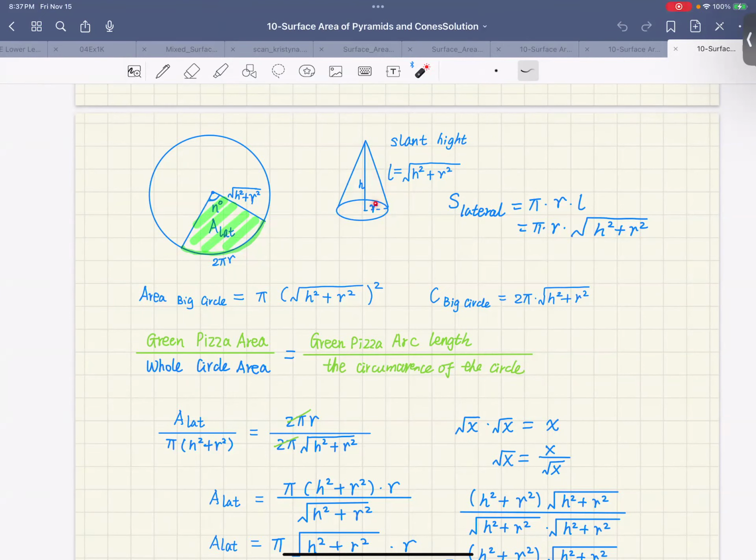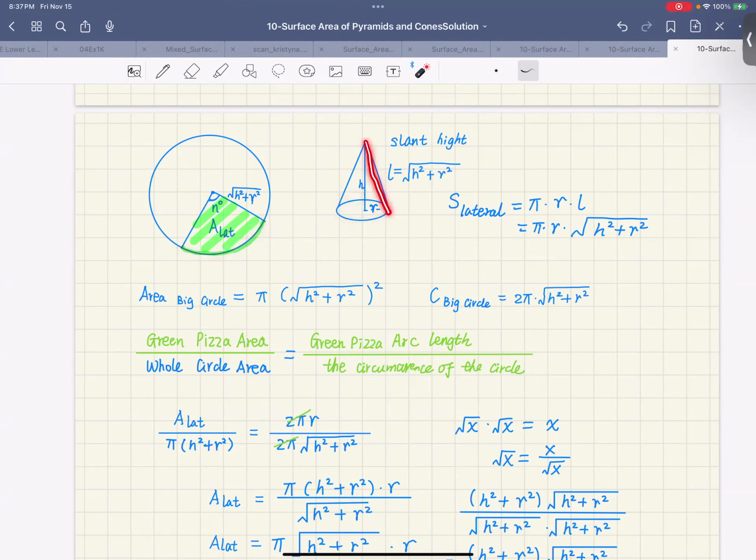See here, when you cut this open, this piece is that piece. You see it, yeah? This guy, when you cut and open, is this.